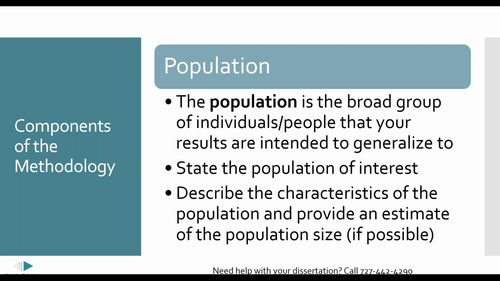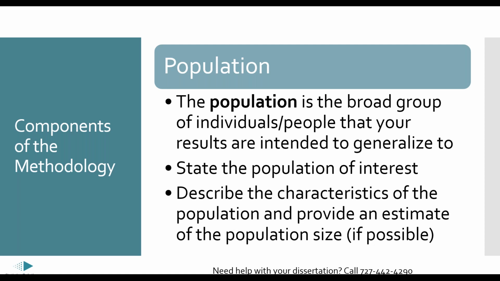It may or may not be possible for you to find out the exact size or exact characteristics of the population that you're interested in. So you really just want to describe the population as best as you can if it's not possible for you to get exact numbers. And also estimates are usually adequate in terms of getting an idea of how many individuals are in your population of interest.